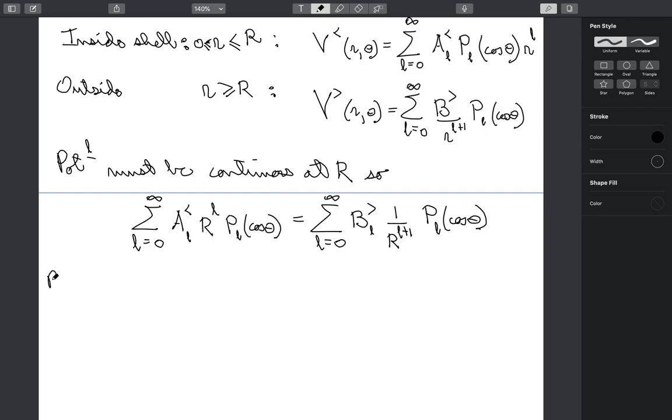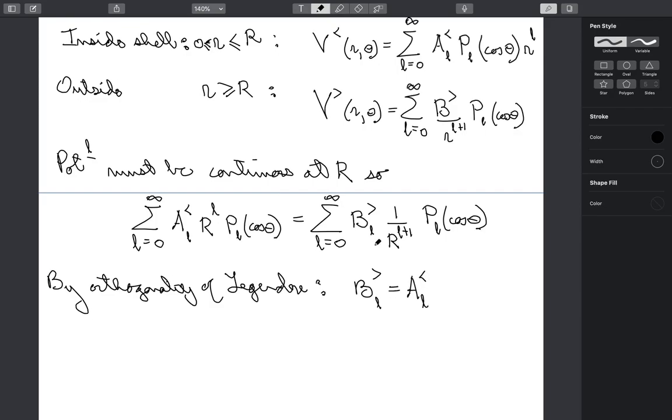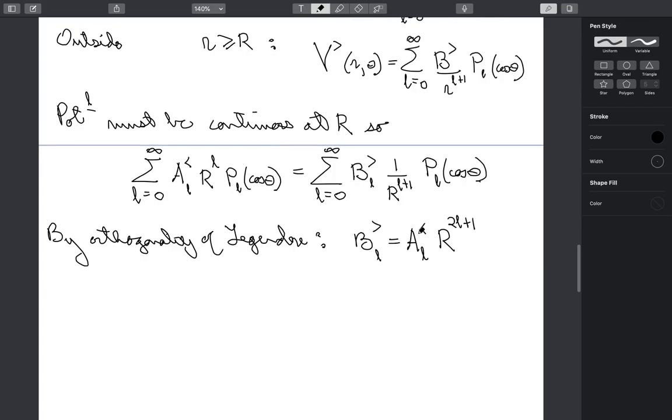So by orthogonality of the Legendre polynomials, I can just say that the coefficient B_L greater is equal to the lesser coefficient A_L with the appropriate power of the radius, so big R to the 2L plus 1. So that's our first equation. It sets all the B's if I know the A's.